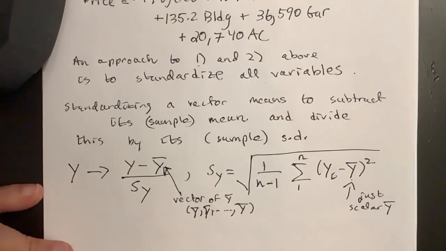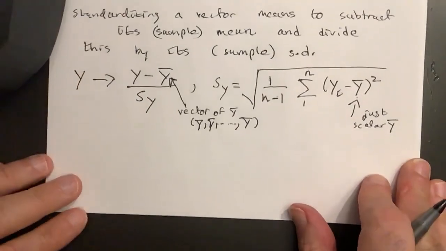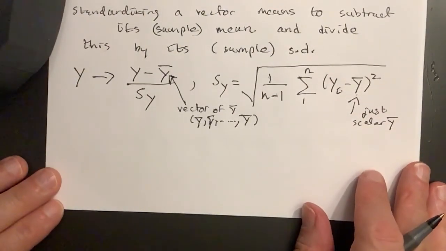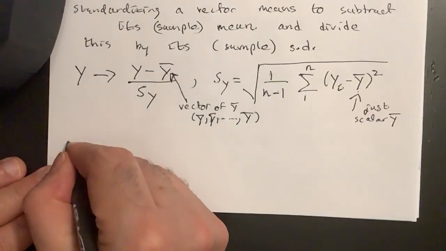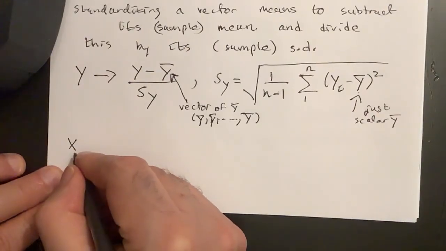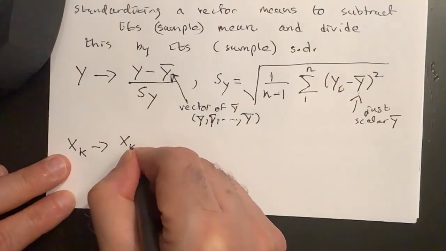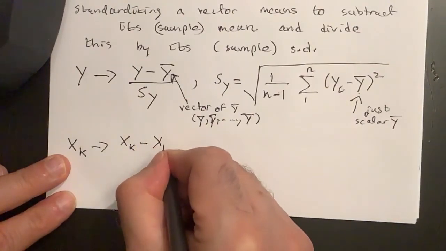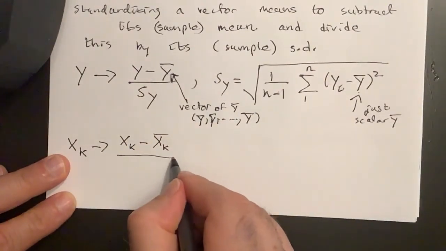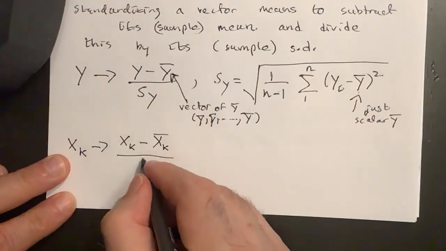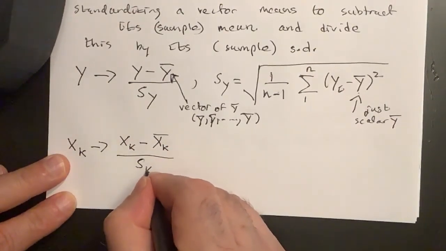Also for each predictor variable, we'll use the standardization, say x_k is the vector x_k minus, we'll write it like this, x_k bar. Again, everything is analogous, but this is a little different.